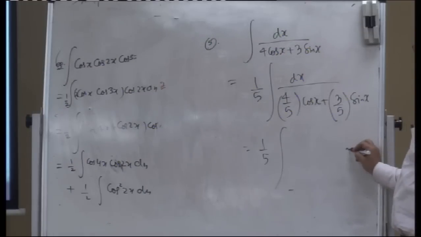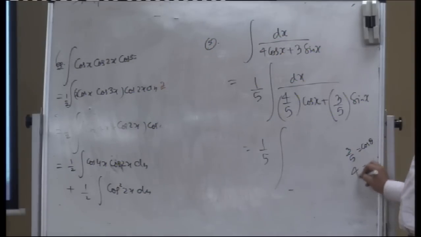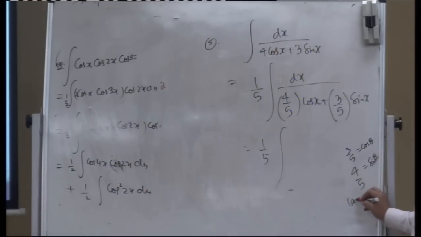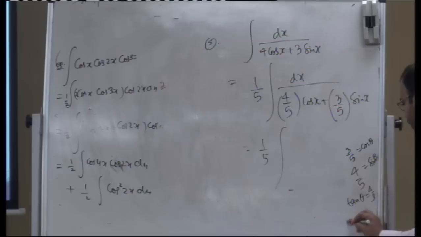So 3 by 5 is actually cos theta and 4 by 5 is actually sin theta. So tan theta would become 4 by 3 and theta would become tan inverse of 4 by 3. So this is the part which we all know.